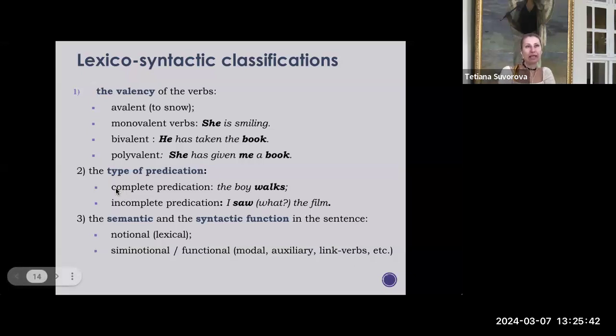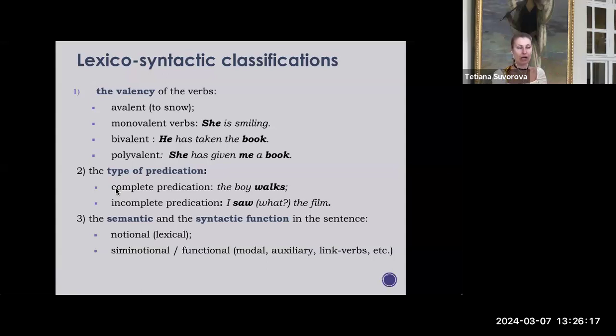So here we can speak about notional verbs, those which can perform the function of the predicate, and semi-notional or functional verbs. Notional verbs can express lexical meaning and function in the sentence as a predicate. And semi-notional, it's a mistake on the slide, semi-notional verbs, like modal verbs, can be functional.